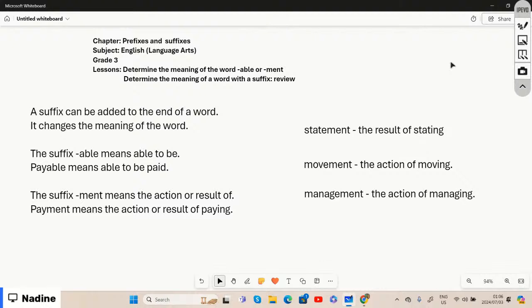All right. So when it comes to prefixes and suffixes, we see that a suffix can be added to the end of a word and it changes the meaning of a word.